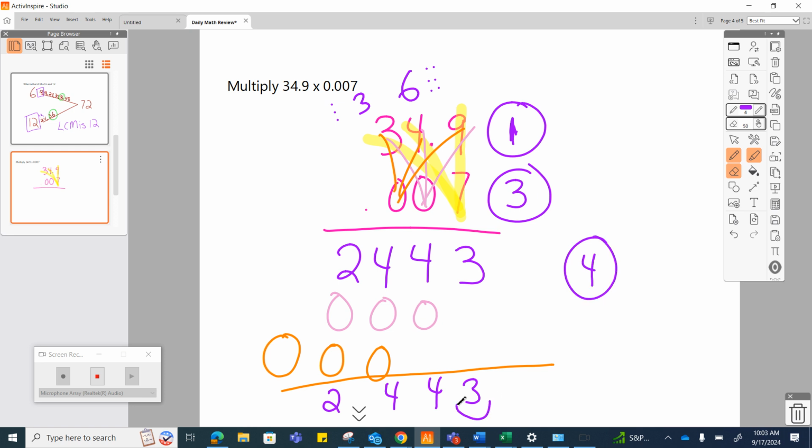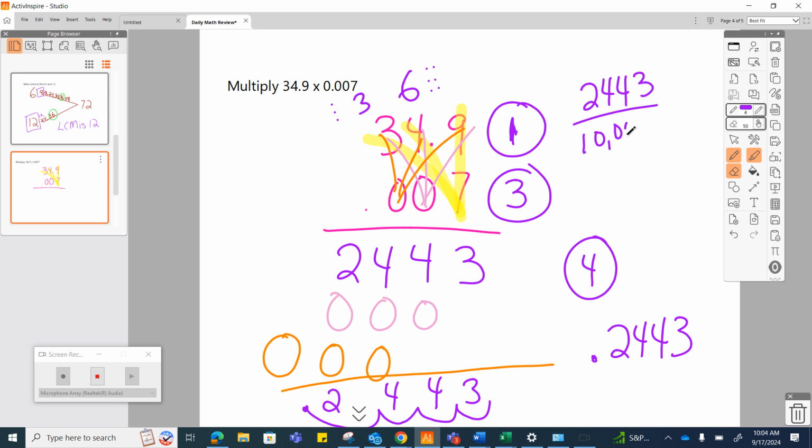My answer is 0.2443. If I want to say that correctly, 2 is in the tenths place, 4 is in the hundredths place, 4 is in the thousandths place, and 3 is in the 10 thousandths place. If I was going to write it as a fraction, which allows me to say it correctly, 2,443 10,000ths.